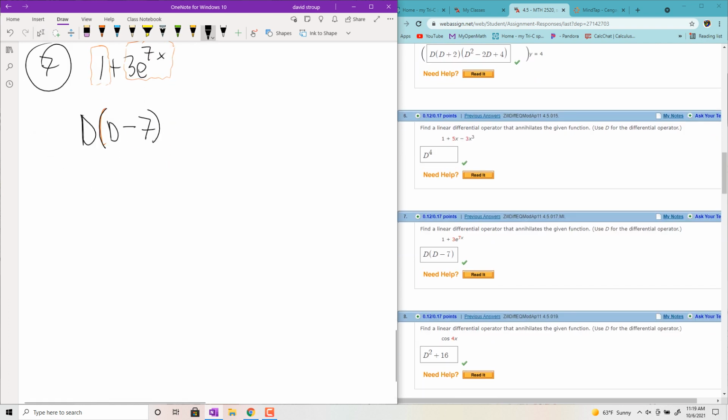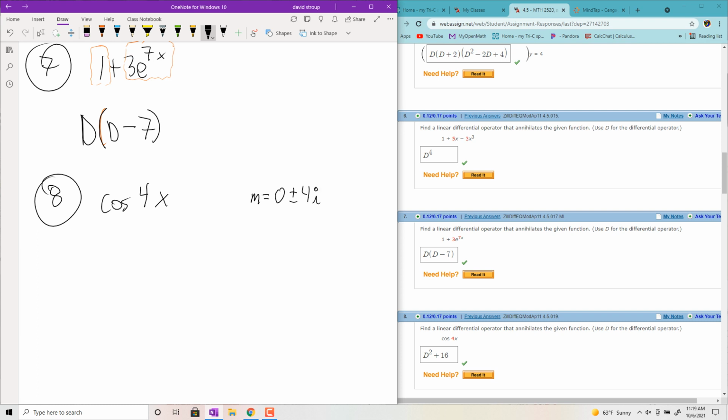Let's look at number 8. Here we have cosine of 4x. If you think about it as a solution to a differential equation, basically the roots of your characteristic equation must have been 0 plus or minus 4i.